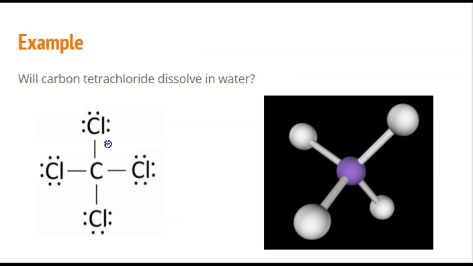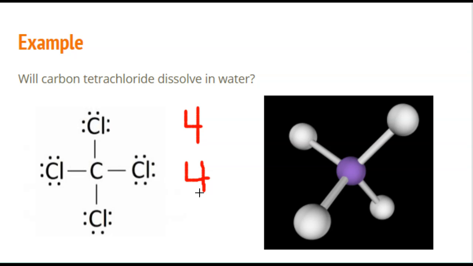Okay, and so that's really what we're dealing with. So let's give some examples. Will carbon tetrachloride dissolve in water? So here is the structure of carbon tetrachloride. In order to do this, we're going to say that this thing has 4 electron domains and 4 bonding domains. And so we go back to the list. We look up what is 4 and 4.